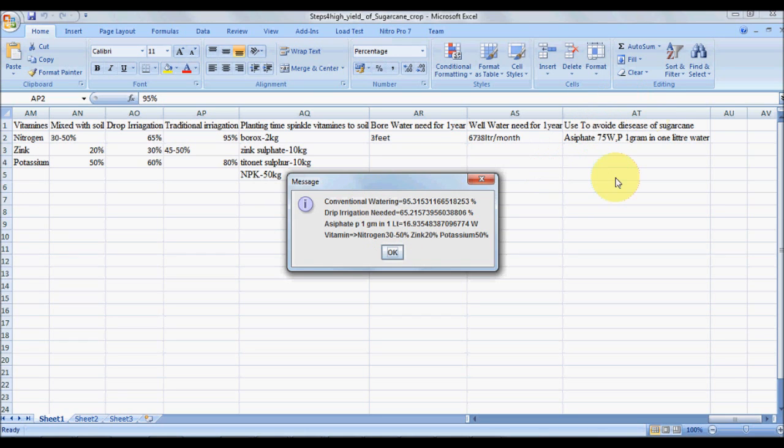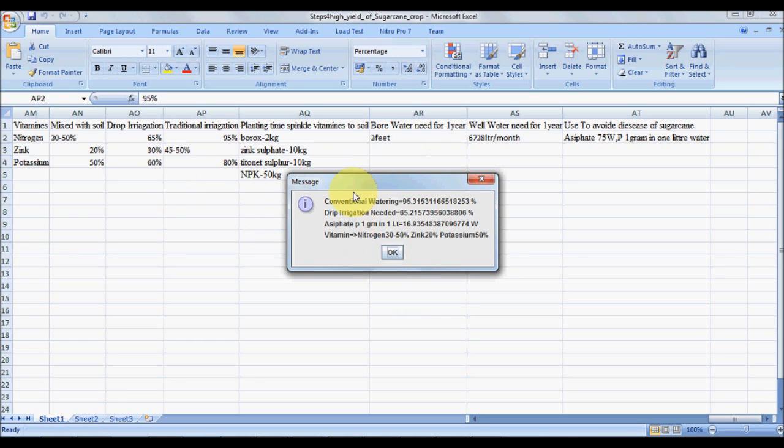So in the month of August, rather than 75, we should mix 16 per 1 liter of water. Vitamin and nitrogen 30 to 35%, 30 to 50%, zinc to 20%, and potassium to 50%. The project shows that the effect of vitamins, nitrogen and zinc has nothing to do with the weather data, and this is not correlated.